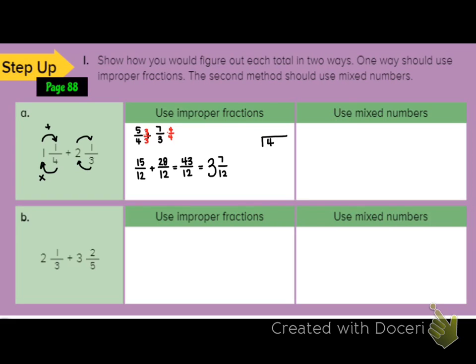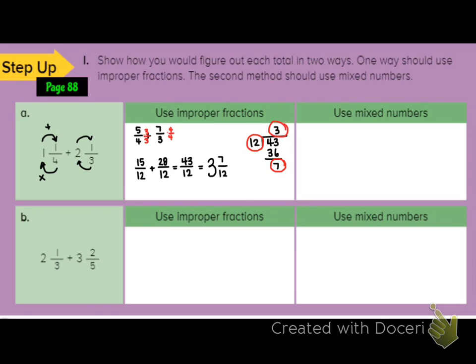We can put the top in and the bottom out. We say 12 goes into 43 3 times. That's 36. When you subtract, you get 7, and then there is your mixed number: 3 whole times with 7 left over out of 12. You do have to make sure that when you're done, the proper fraction part of the mixed number is totally reduced. 7/12 is totally reduced, so you're good to go.